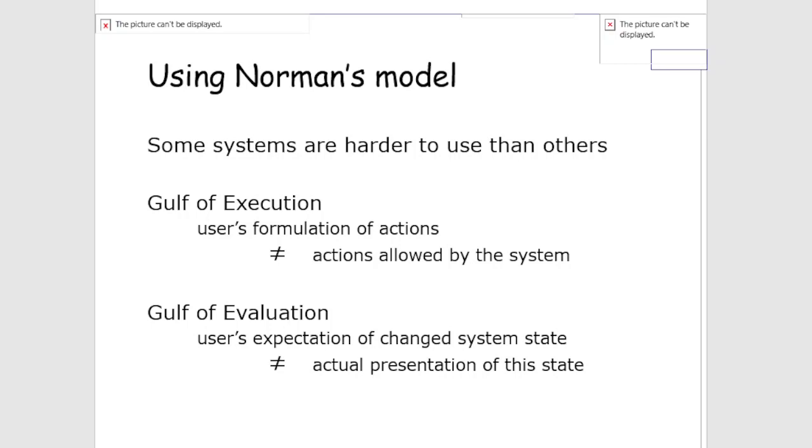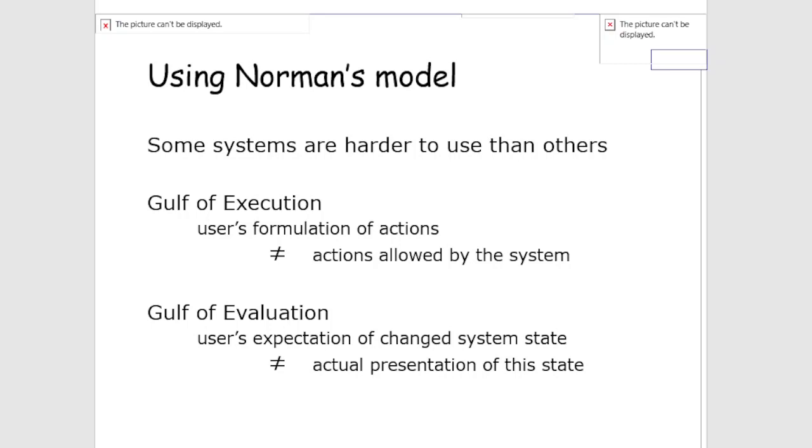If the actions allowed by the system correspond to those intended by the user, the interaction will be effective. Therefore, the interface should aim to reduce this gulf. So the gulf of execution is the difference between the user's formulations of the actions to reach the goal and the actions allowed by the system.